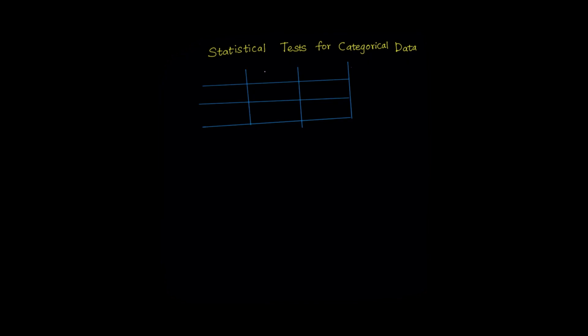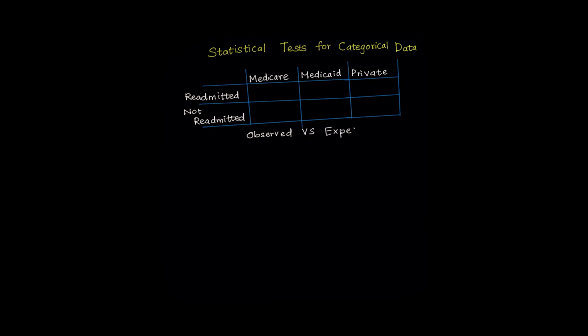Now let's tackle an important concept about choosing the right statistical test for categorical variables. When a quality team wants to determine if there's a significant association between patient insurance type and likelihood of readmission within 30 days, they're examining the relationship between two categorical variables. This is the perfect scenario for a chi-square test, which is specifically designed to test associations between categorical data.